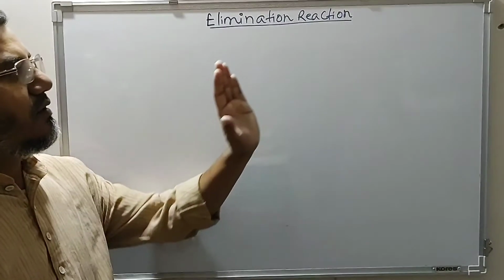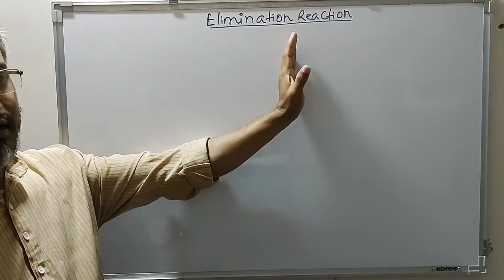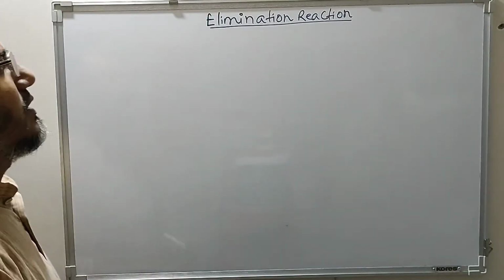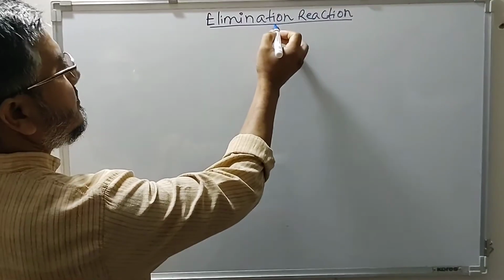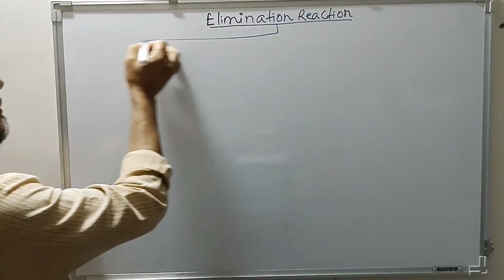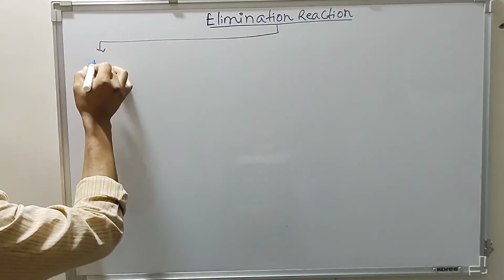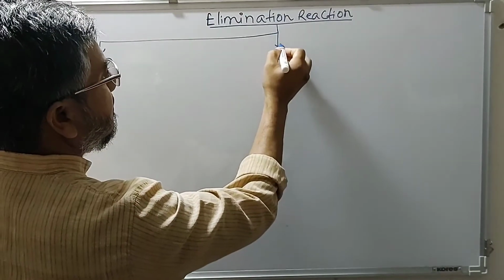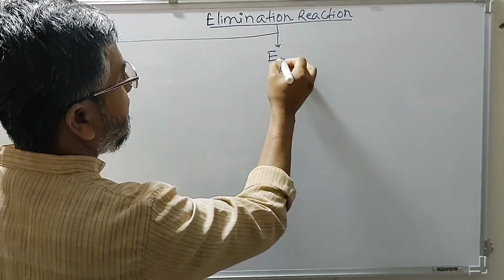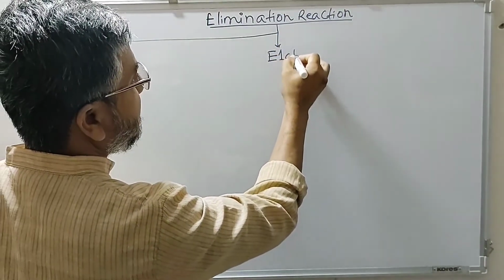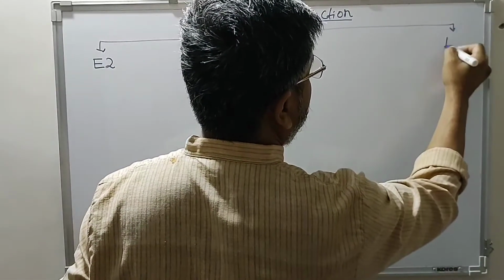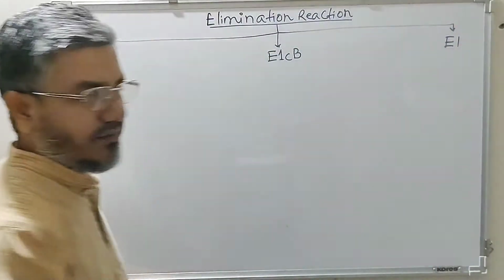Now these elimination reactions of alkyl halides can be visualized in three different mechanisms. Based on this, these elimination reactions are of three types: E2 type, E1CB type, and E1 type.